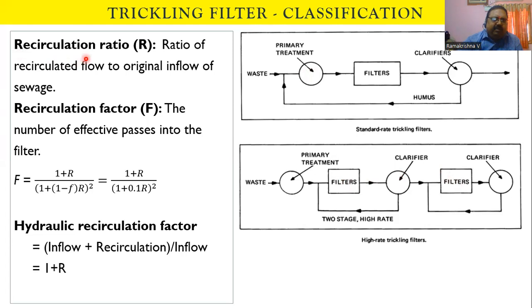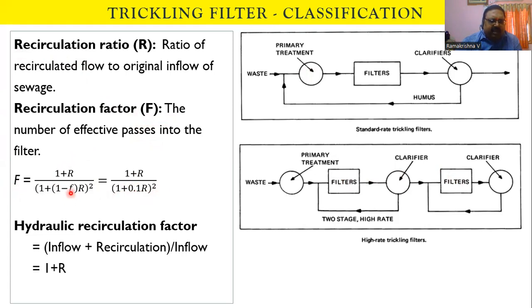Here we define two terms, recirculation ratio and recirculation factor. Recirculation ratio is the ratio of recirculated flow to the original inflow of sewage, QR by Q. Recirculation factor is the number of effective passes. We can write F is equal to (1 + R) / (1 + 0.1R)^2 for sewage.